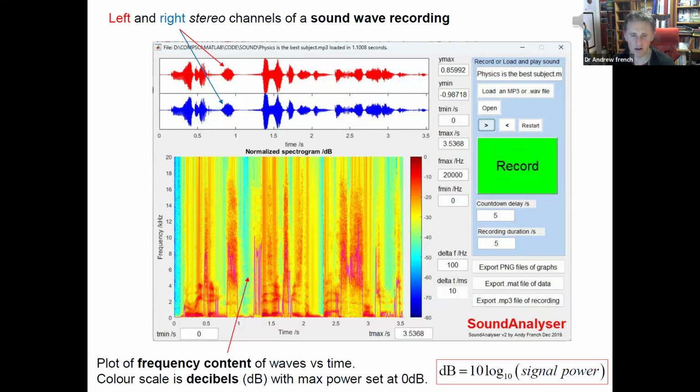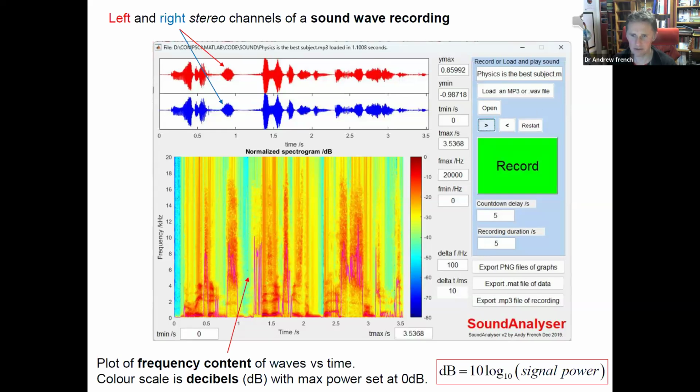It says, what are the sines and cosines that form this wave, and what are their amplitudes? We're going to plot the amplitude squared, the power, at different frequencies. So we look at all the different cosine waves at different frequencies and see what their powers are in that small bit of time. This way, we can track frequency versus time.